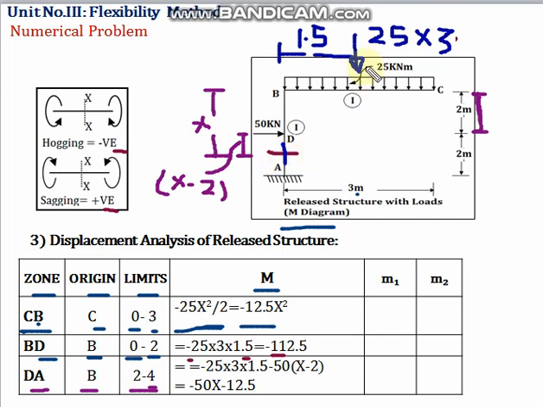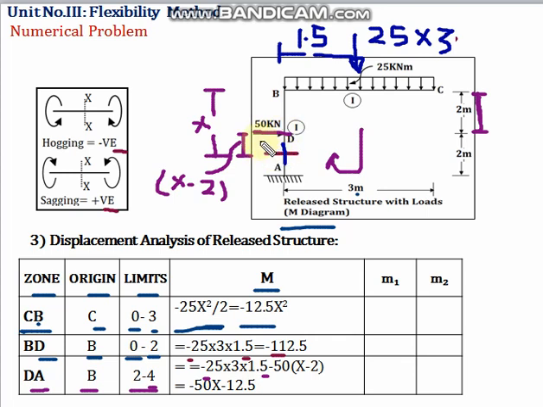Let's consider the vertical load, which is 25 into 3, and the lever arm will be 1.5 from this axis, and it will create the moment in a clockwise direction about the vertical axis. That's why the minus sign is there, 25 into 3 into 1.5. Now the load which is horizontal, you have to rotate about this horizontal axis.